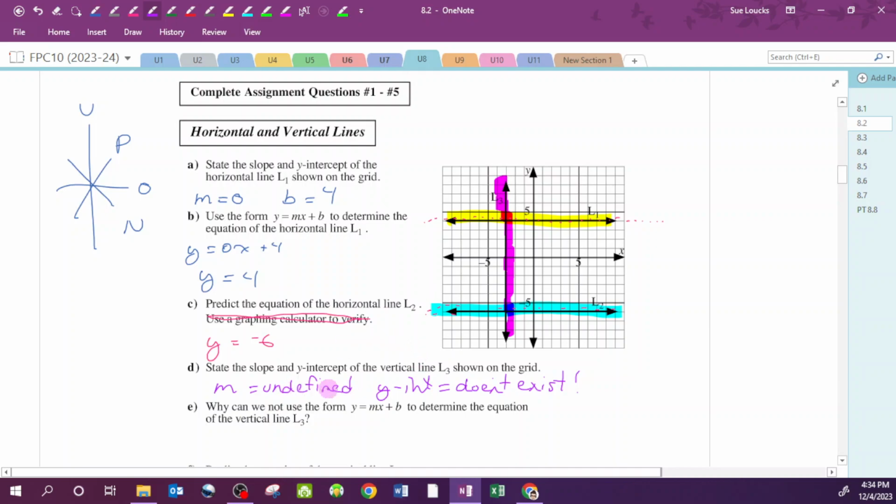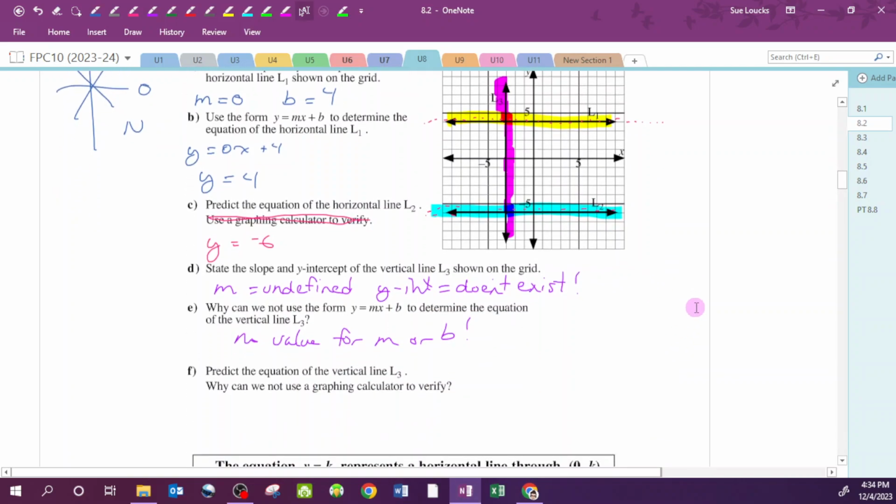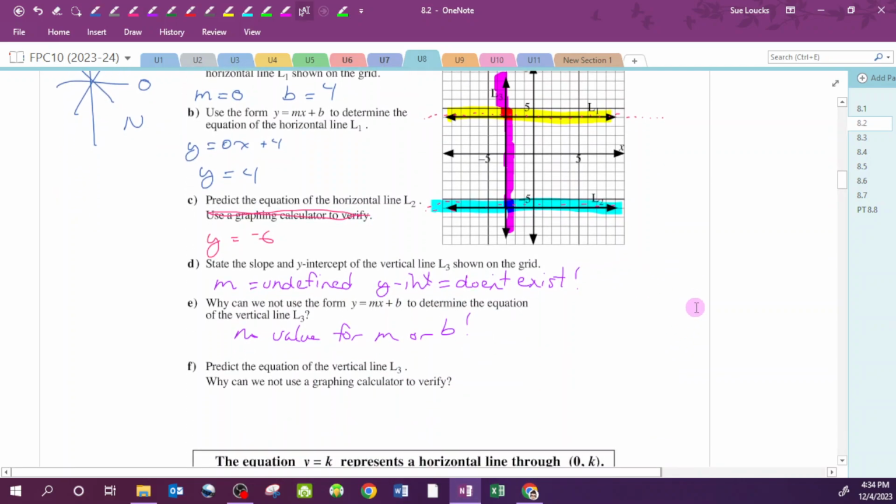So we can't use the form y equals mx plus b because we don't have a value for m or b. And it's not like it's 0. 0 we can do stuff with, but this just doesn't exist because the line never crosses the y-axis.